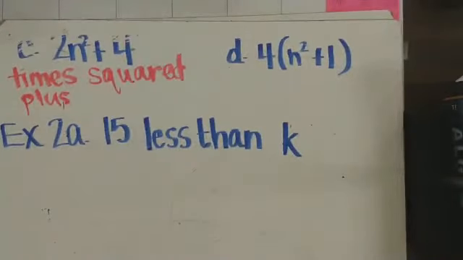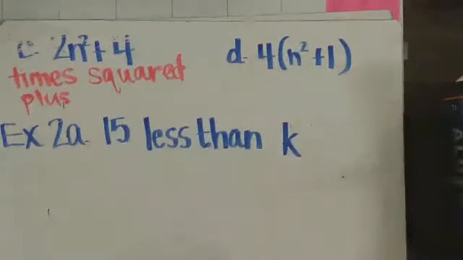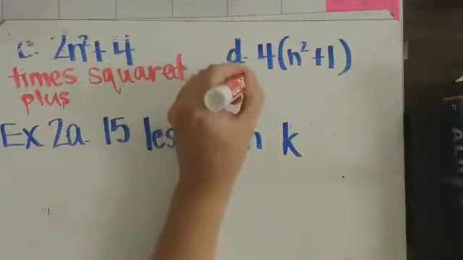So let's look at our verbal expression. 4 blank, the blank of blank, blank, and blank. Kind of difficult to read, but let's think about it. What's happening between 4 and our parentheses? We decided it was multiplication, so we're going to say 4 times.